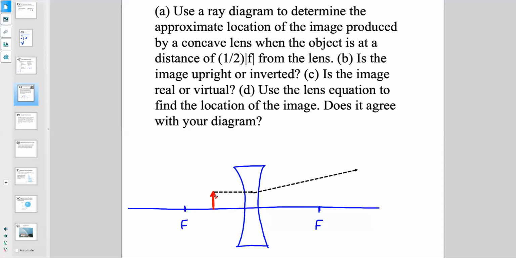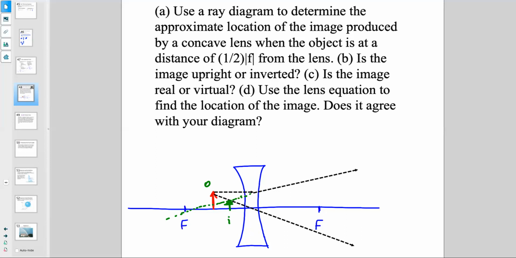And then the next one, let's say that this one that's going through the center will not be deflected at all. Okay, so if I continue both of these, let's say that this is going towards the F, then they will meet right here. So that's the object and that's the image.